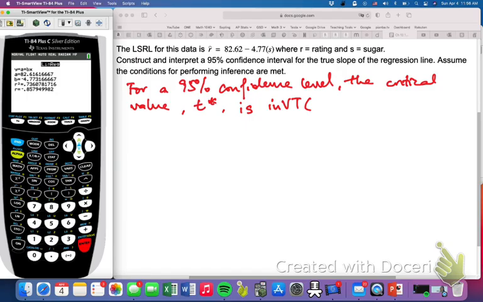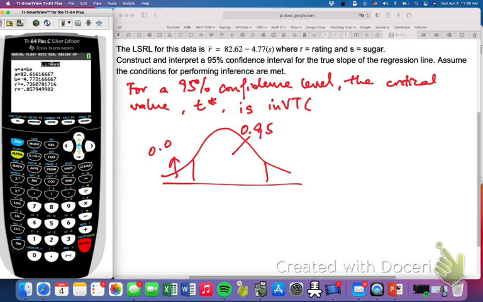Since this is a 95% confidence interval, the two tails should add up to 0.05, so each is 0.025.